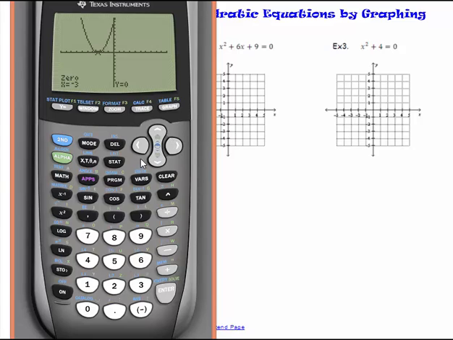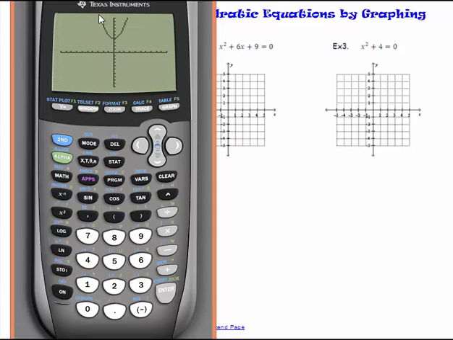Our last example here, x squared plus 4. Need to go back to y equals, clear, type in x squared plus 4, and graph. Well, this one's different in an even different way.